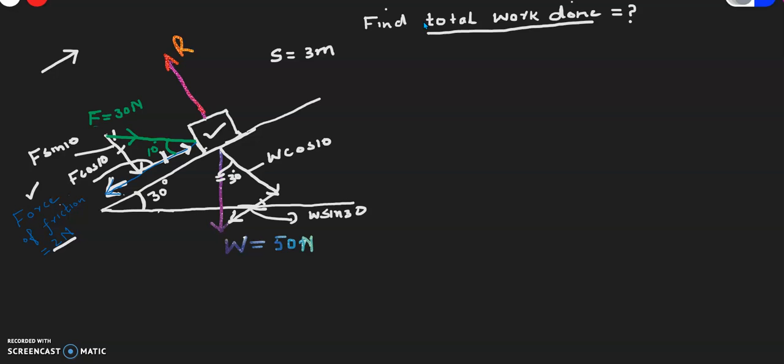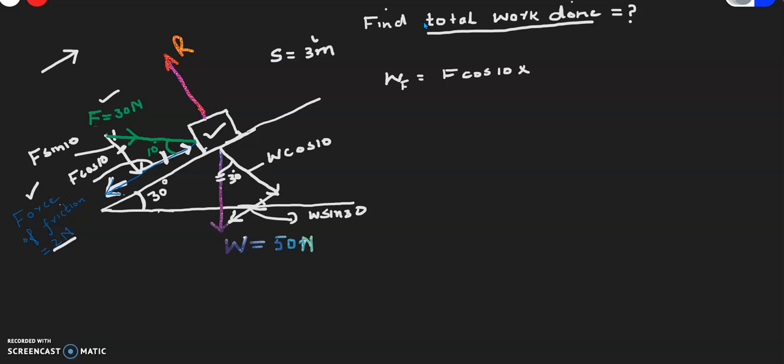So first of all, let us take this force F equal to 30 Newton and find out the work done by this force. We know that only this component is relevant here. This is not relevant because there is no motion in this direction. So the work done by the force F will be equal to the relevant component of the force, that is F cos of 10, multiplied by the displacement.